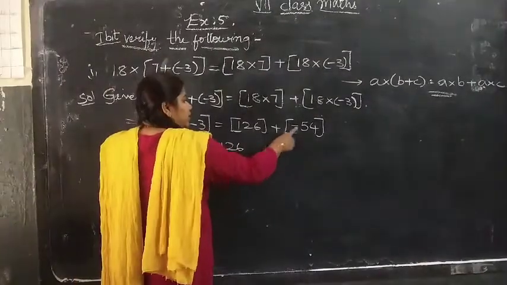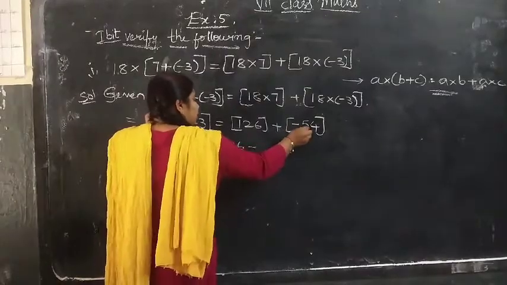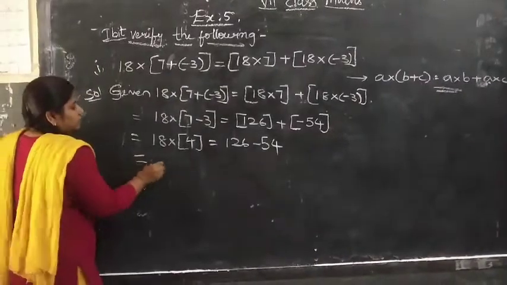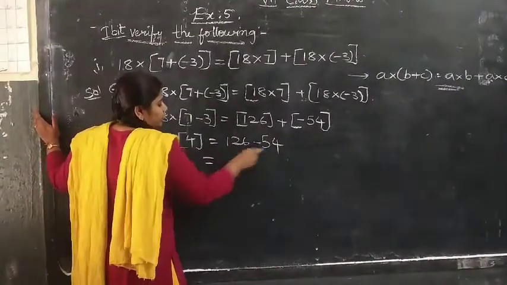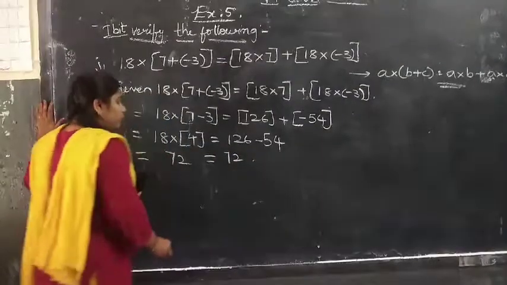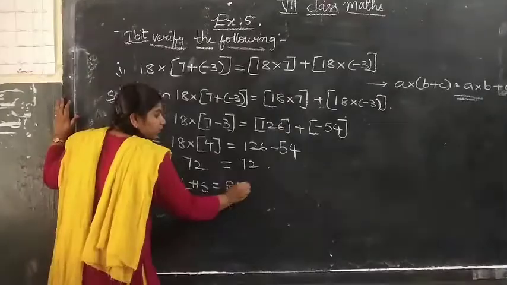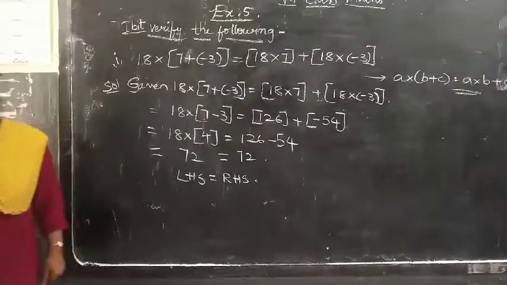We are seeing the double sign converting to single sign. Plus into minus is minus 54. So now 18 fours are 72 and 126 minus 54 is also 72. So we have verified that the LHS part is equal to the RHS part. Okay, now the next problem.